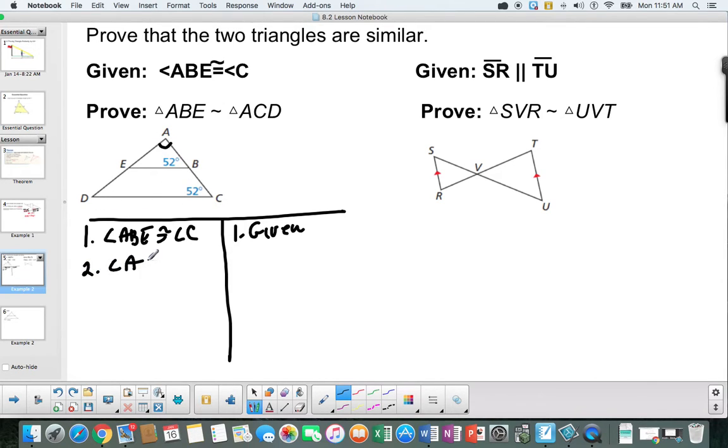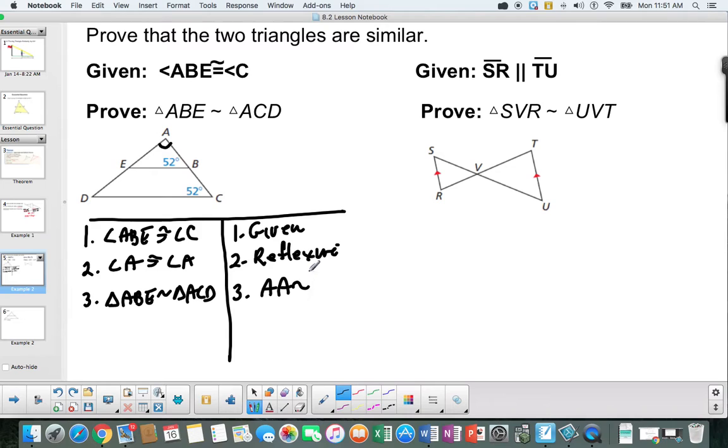So I'll say angle A is congruent to angle A, and that'll be reflexive. So now I'm ready to say that triangle ABE is similar to triangle ACD, and that reason will be angle-angle similarity.